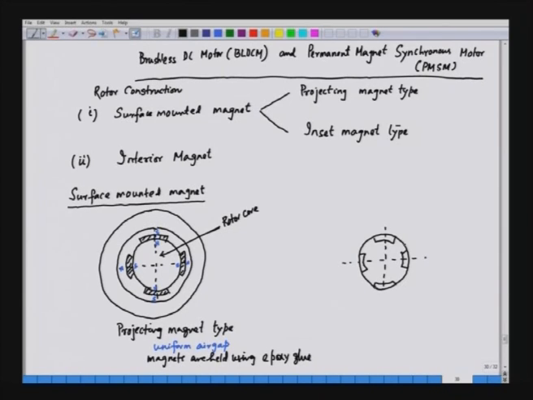They are not projecting, they are inside the rotor, and this is why this motor is called an inset type surface mount motor. So, these are the permanent magnets which are inside the rotor, this is the rotor core, and the stator structure is here.